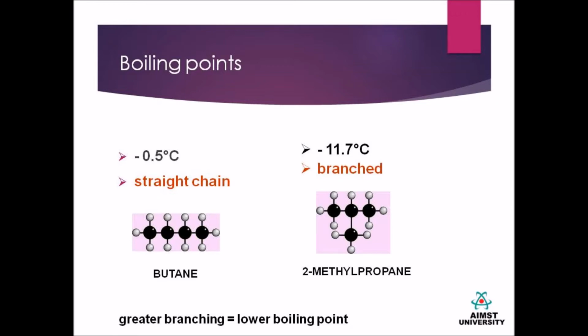Butane is an example for straight chain where it has a boiling point of -5 degrees centigrade. 2-methylpropane is an example for branched chain isomer where it has a boiling point of -11.7 degrees centigrade. It shows that the greater the branching, the lower the boiling point.